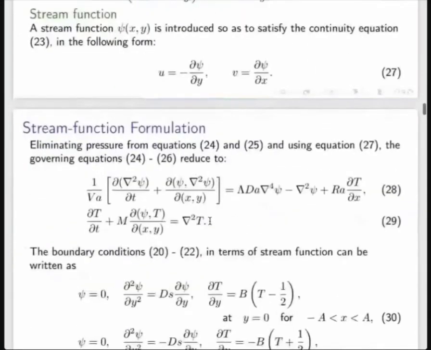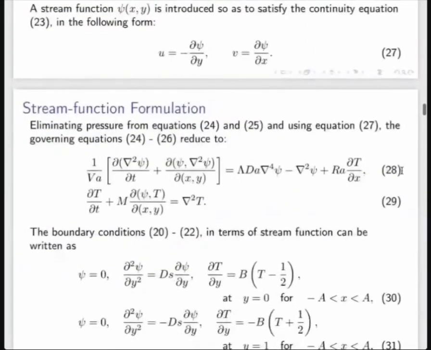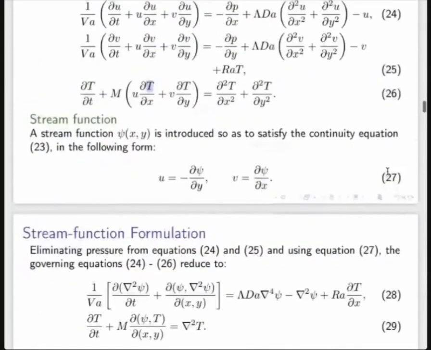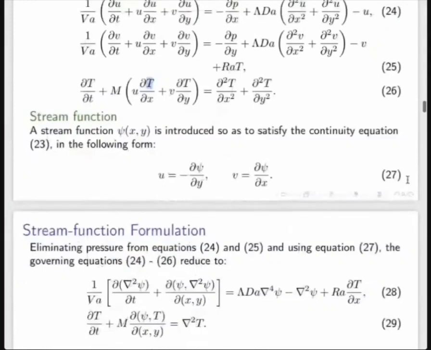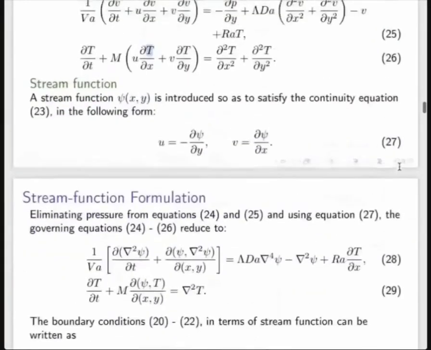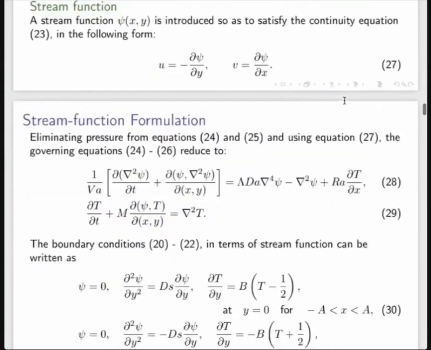And the two equations for psi and T are given by equations 28 and 29. And remember, equation 28 is obtained by eliminating pressure from equations 24 and 25, and also using the stream function formulation given in 27. And equation 29 is obtained from equation 26, which is the energy equation.